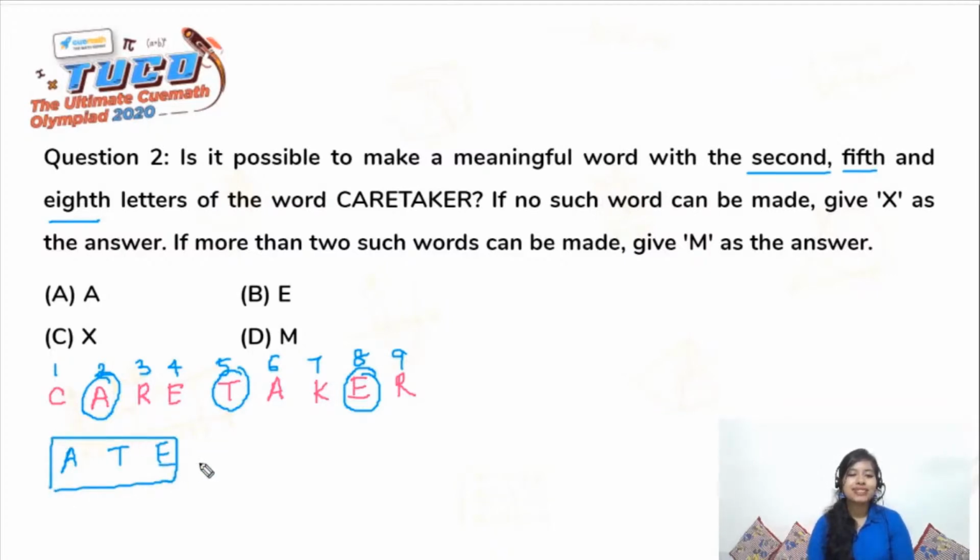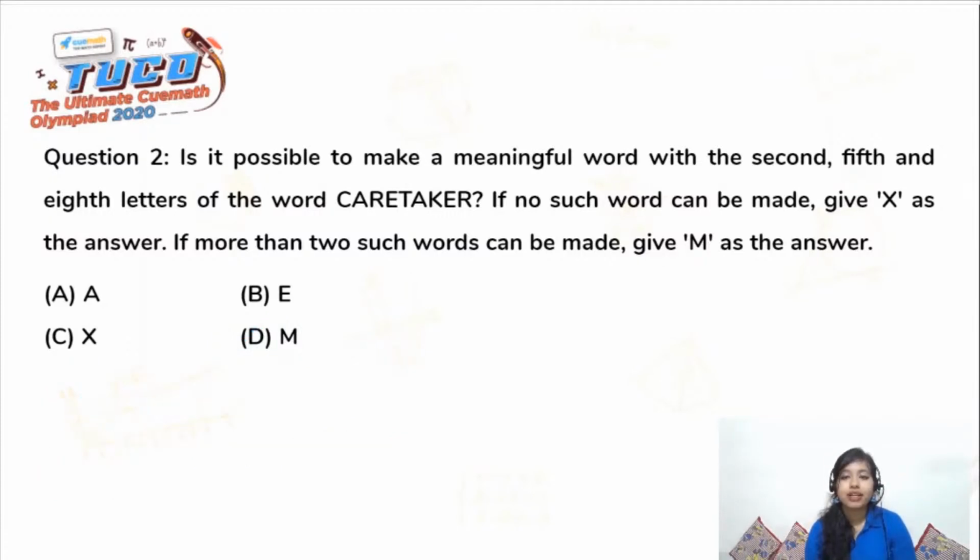And I know this is a pretty simple question. The next one is E-A-T. The next one is T-E-A. We have so many words which can be framed using these three letters. So of course, our answer is going to be M. Because if more than two such words can be made, give M as the answer. Hence, option D becomes our result. Okay. So I hope that was clear enough.